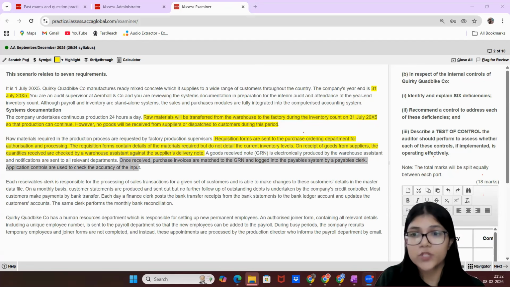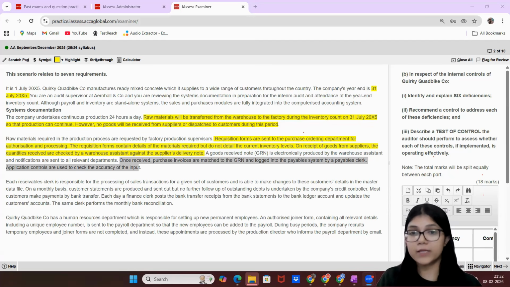Invoice should be matched with purchase order and GRN. Purchase order we have already talked about in the previous risk. They aren't checking completeness. If you read the last sentence, guys, everybody concentrate on the last sentence. It is saying application controls they have put in place. The application controls, if you remember from your syllabus, are used to check the accuracy of the input.